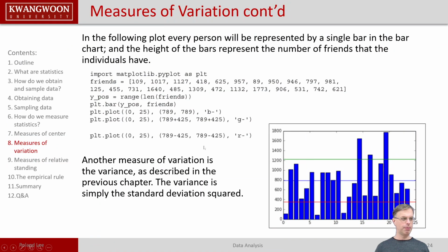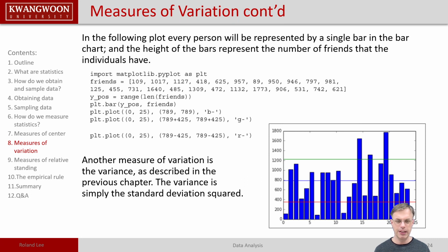And here we also plotted these numbers. So the green line and the red line are here. Actually, the blue line is the center drawn at the mean, so it is 789.